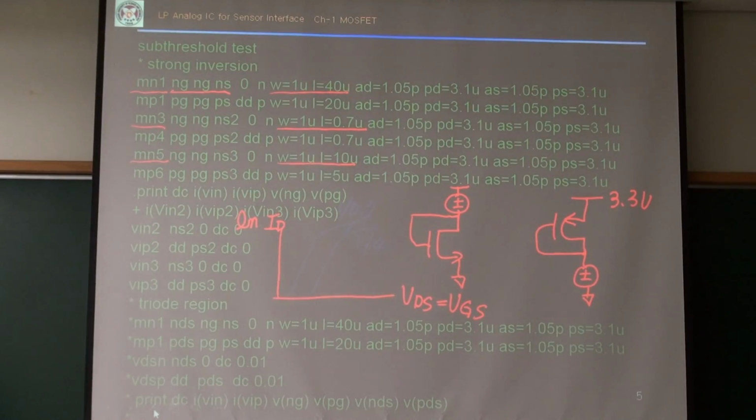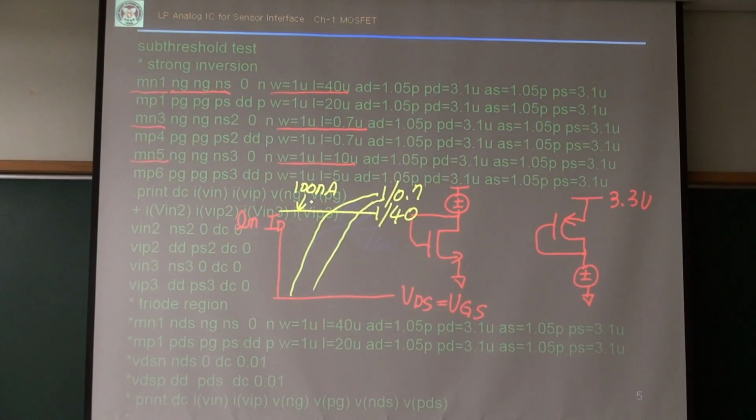Oh yeah, you cannot see blue. Okay. This is 1 by 0.7. There may be another one; this is another 1 by 40. Assume this is my 100 nanoamp line.